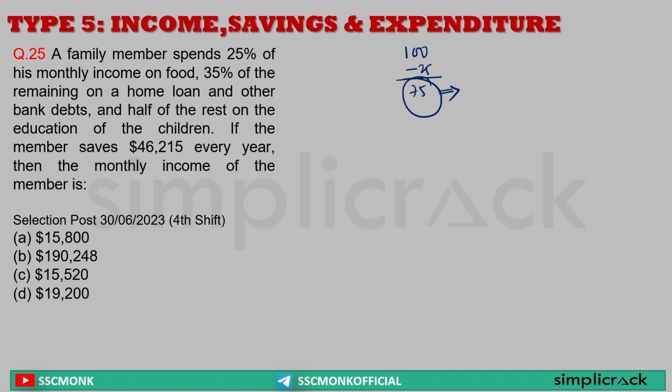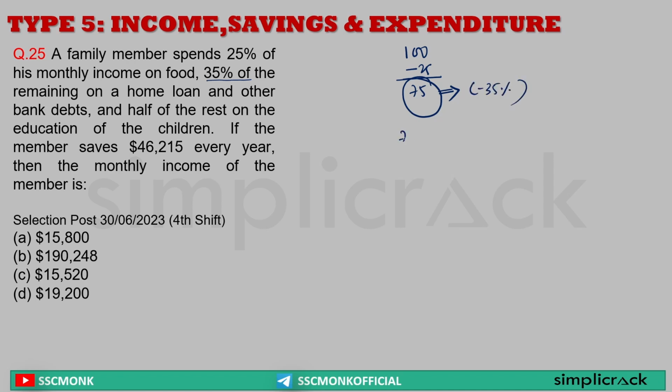After 25% of the monthly income on food, it is spending 35% of the remaining on home loan. Okay. So 35% is gone out of this.